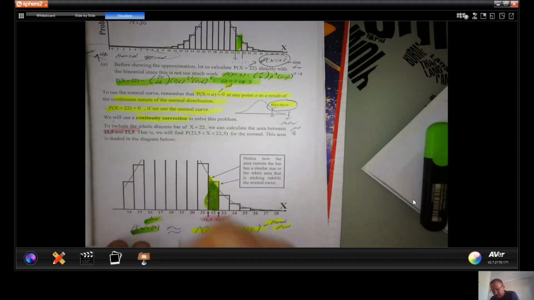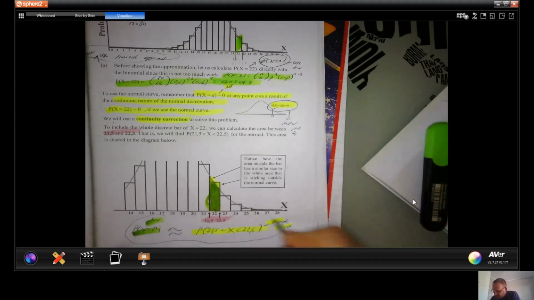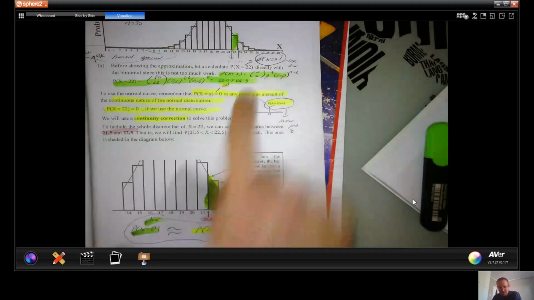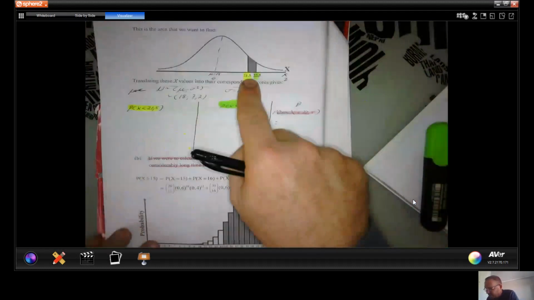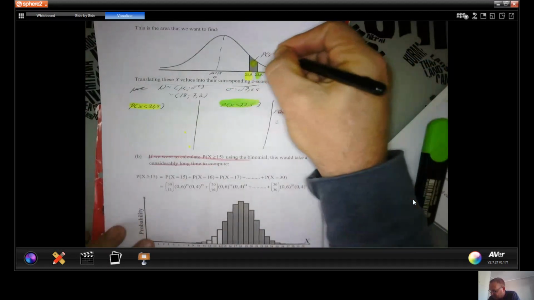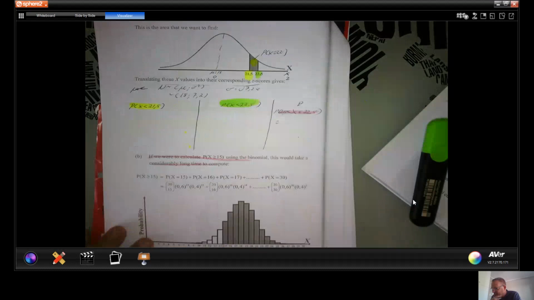Those two would approximate each other. That's what you'd have to use on the normal distribution to get the probability that x is equal to 22. And that's what we're going to do over here. So we're looking for that area between 21,5 and 22,5. That gives us the probability that x is equal to 22. That's how we include the 22 bar.